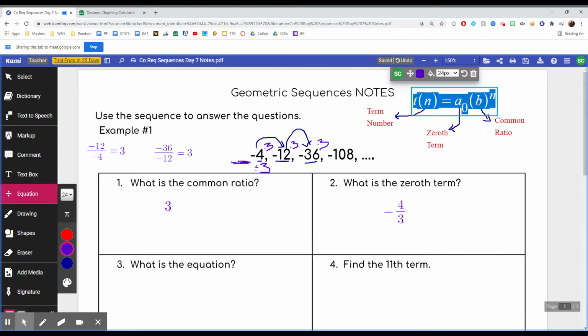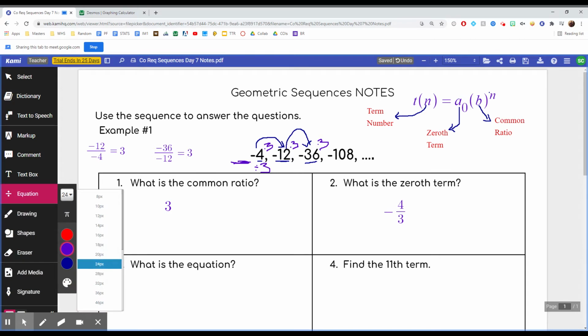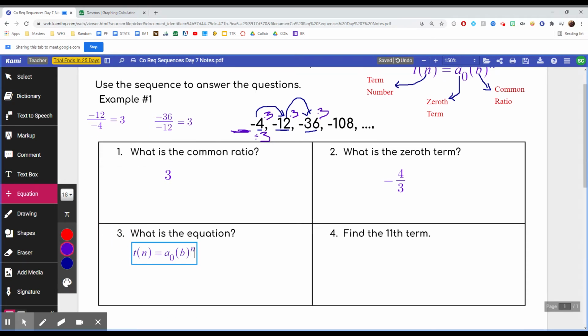I'm going to copy this and paste it there. So that's my equation. Now, instead of A of 0, I'm going to write the 0 term, which is -4/3.